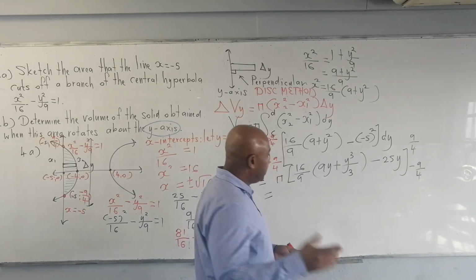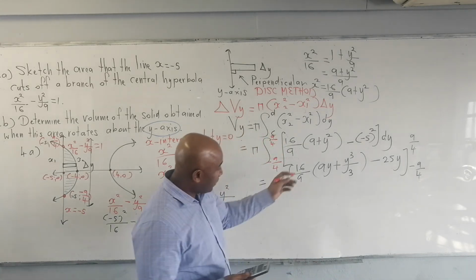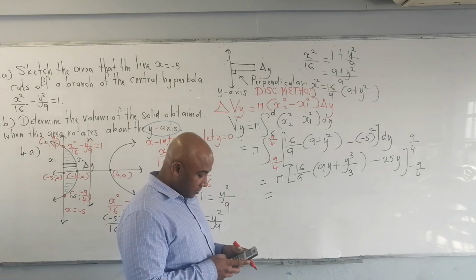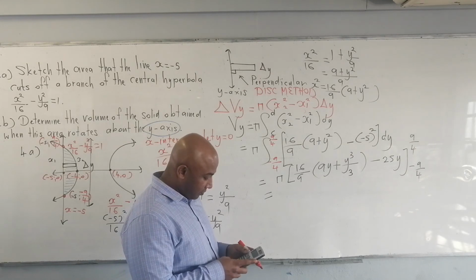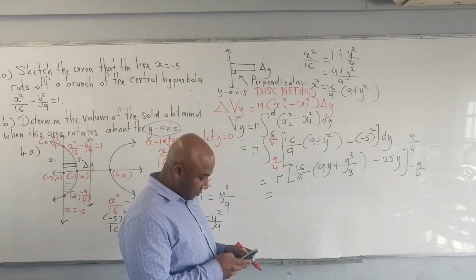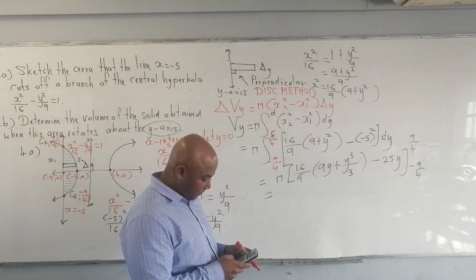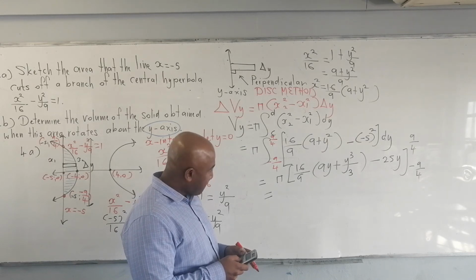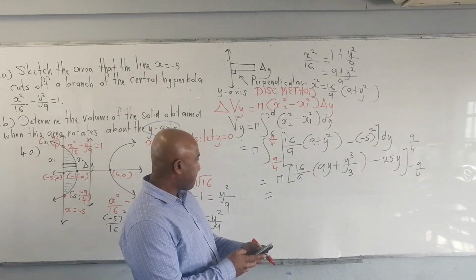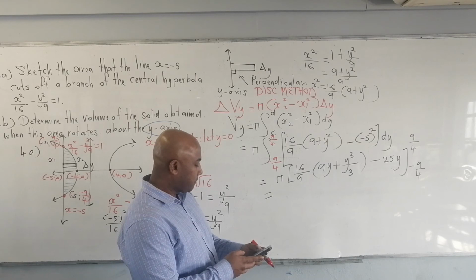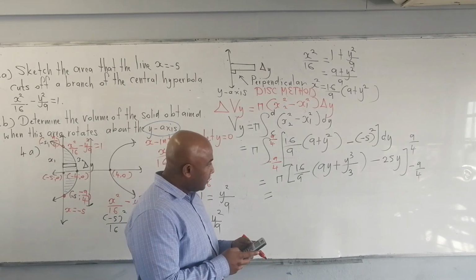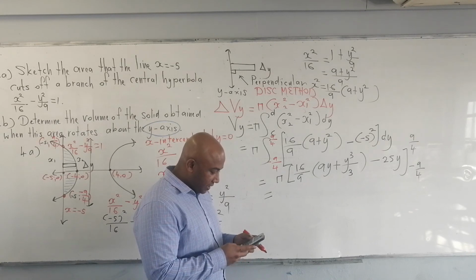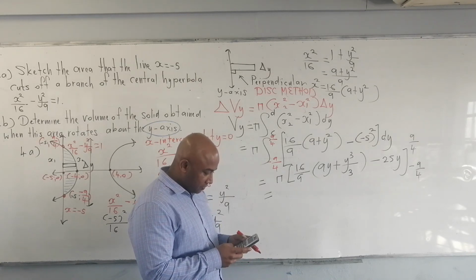Right, so you need to take out your calculator and check. Also, you must be able to do this on the calculator quickly. Right, so let's substitute 9 over 4.